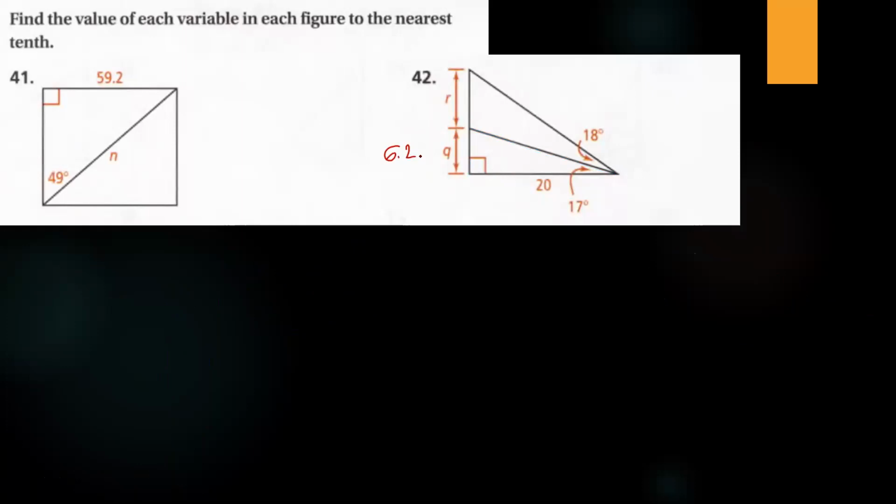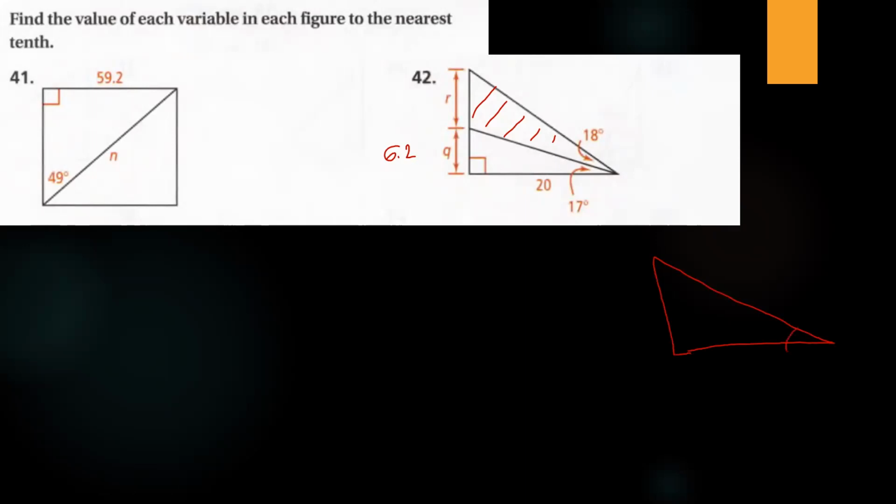Now I want to find R. To find R, as you see here, I cannot use this triangle. Why can't I use it? Because, teacher, it's not a right triangle. Bravo. So I need to go to the big triangle.